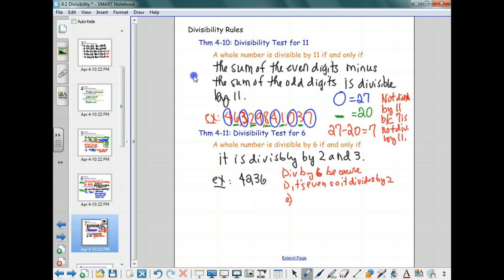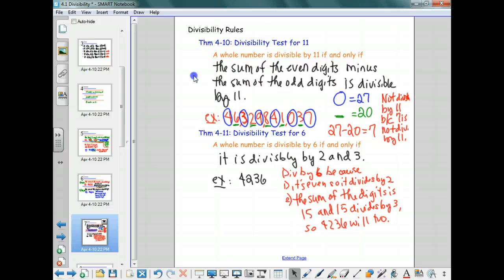And then number 2, the sum of the digits is 15, and 15 divides by 3. Those are the 2 things you have to check. And then once you've checked that they both work, you automatically get that it's divisible by 6.